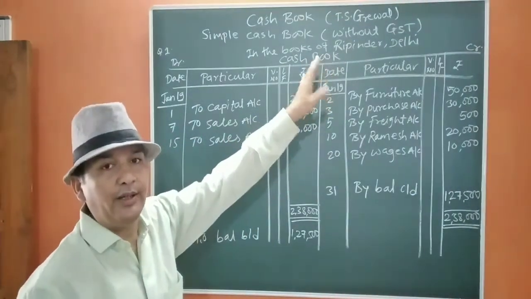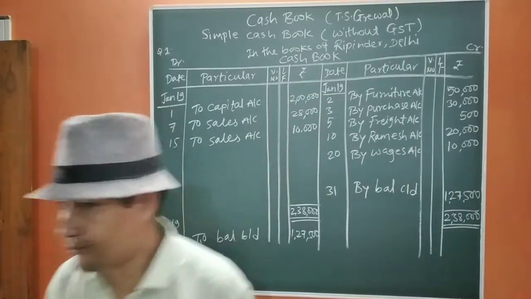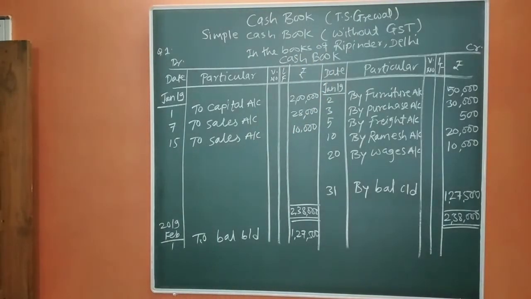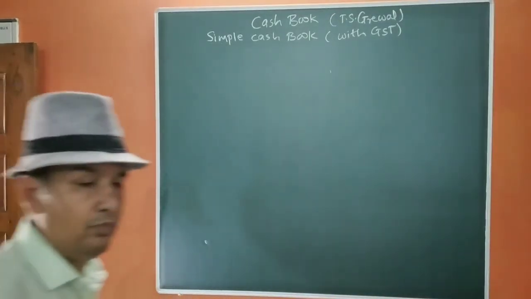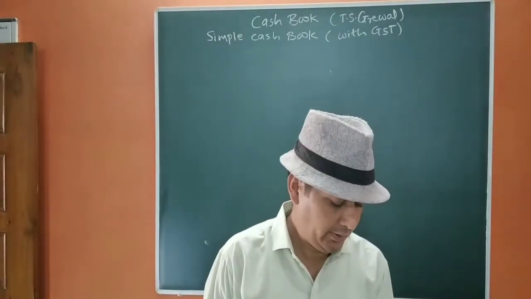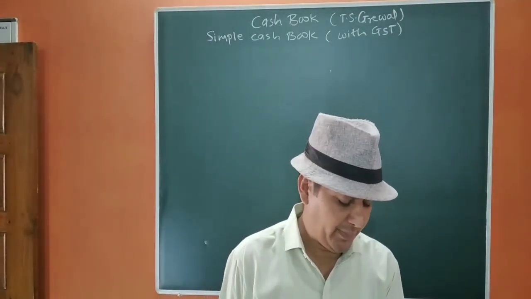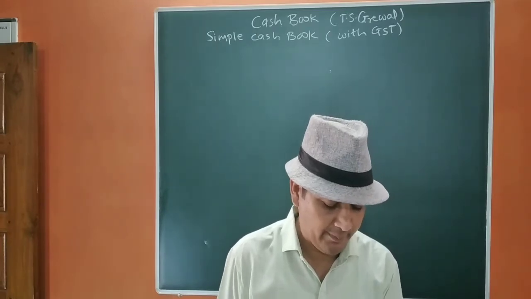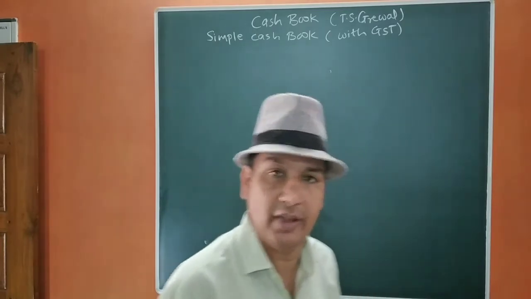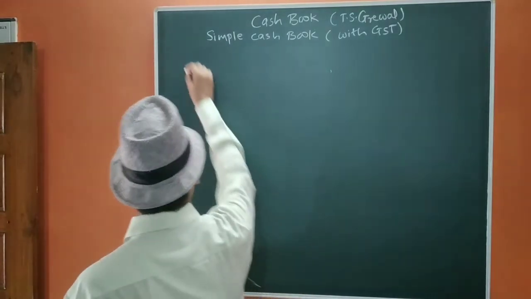Now we are going to do with GST. Okay. Question number 3. With GST, prepare simple cash book of Gopal of Amritsar from the following transactions. So let us start. We are going to prepare with GST.